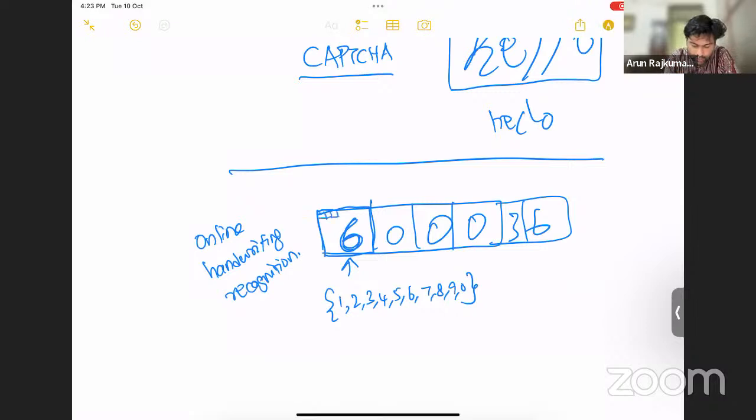Each image is just a bunch of pixels, and each pixel is red, green, blue, so the image can be represented as pixel values. By looking at these pixel values, can I figure out that this is actually the number 6, this is the number 3, and so on? So this is a typical handwriting recognition problem which we want the computer to figure out.